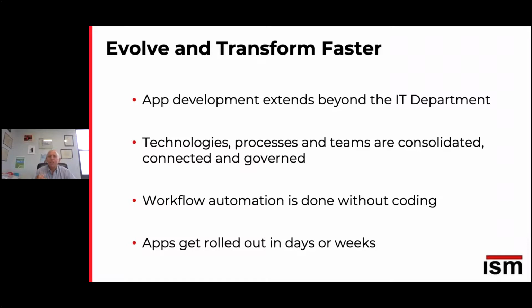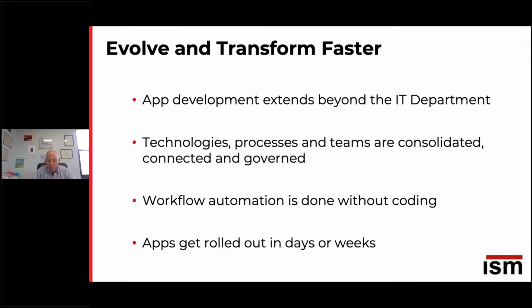Technologies and processes and teams get consolidated, they get connected, they're governed as a team, and you can get more done more quickly, more efficiently. Workflow automation, and you'll see it in a minute, and Jason alluded to it already, is done without coding. It's kind of a new concept, but it's very, very powerful. And all that allows you to roll out apps in days or weeks rather than weeks, months, or for that matter, sometimes years.